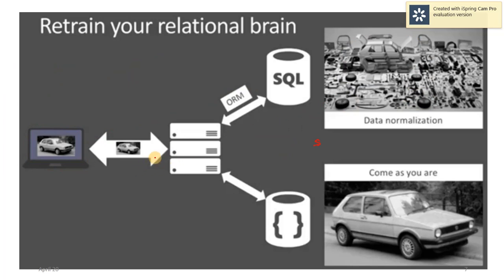So this is quite different from your NoSQL database, because in a NoSQL database, it will come as you are. You are going to let the original state be as it is. So all of this will be placed into a single placeholder.